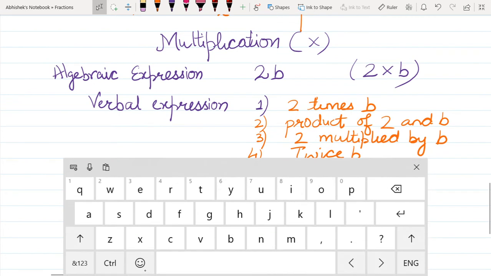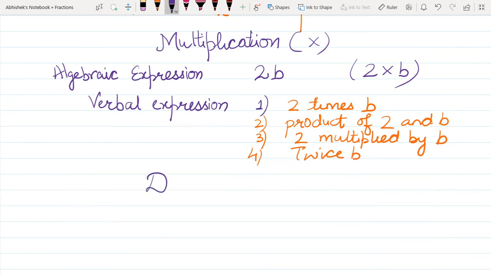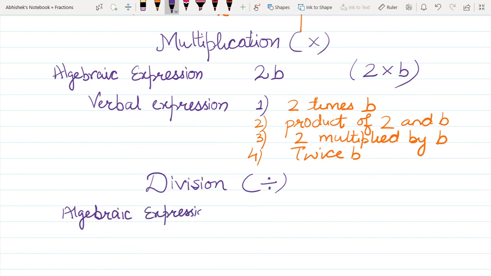So our last operation is division. Let's take an algebraic expression and then we will express its verbal expression. I have taken 5 divided by p, or we can write 5 divided by p in this way. So what will be its verbal expression?